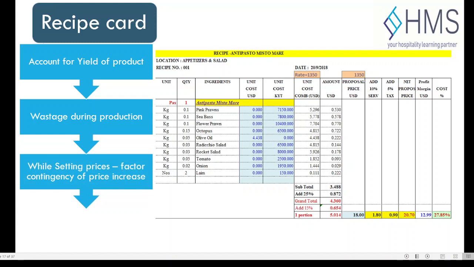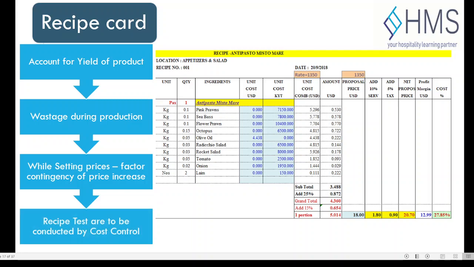And while setting up the standard prices, you are going to factor in the contingency of price increase, like I have built up here in this sample, 15%, right? And the recipe tests: the cost controllers are supposed to check the recipe controls every now and then to make sure that the items are made as per the recipe.